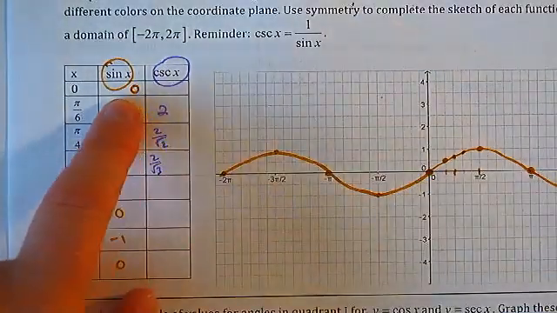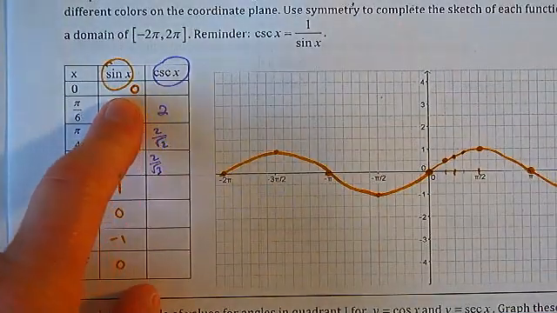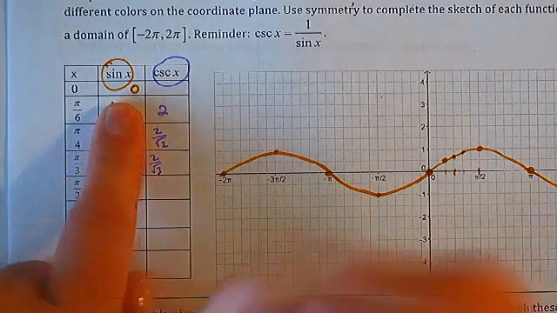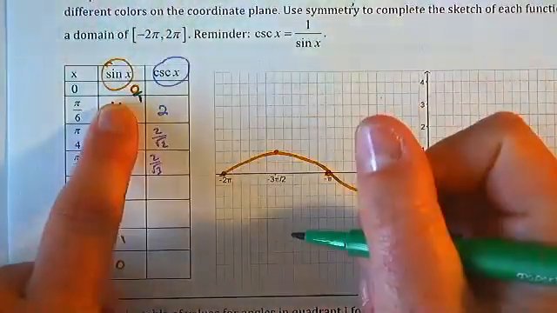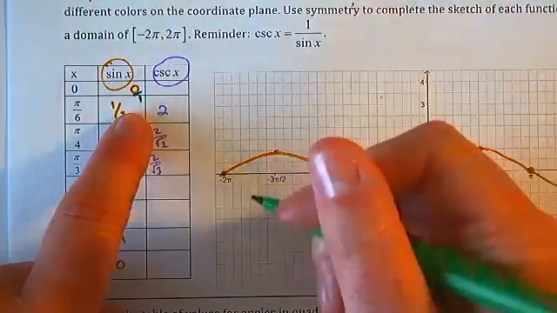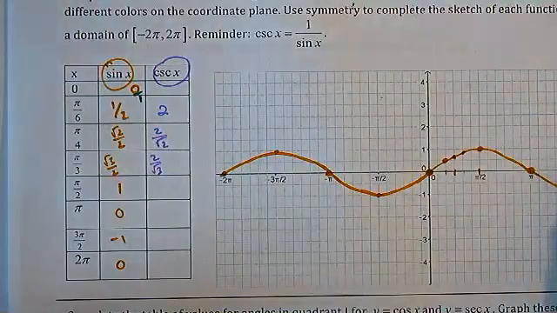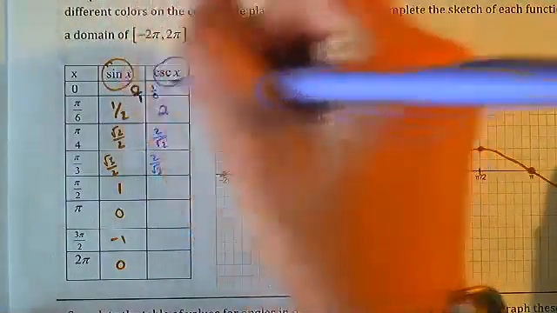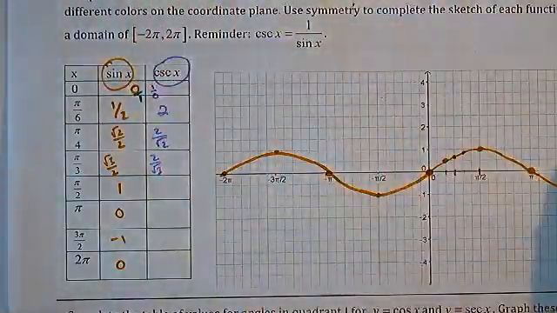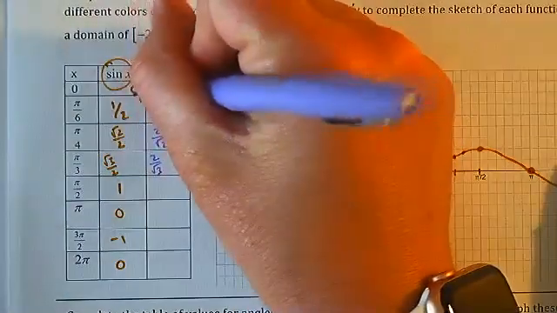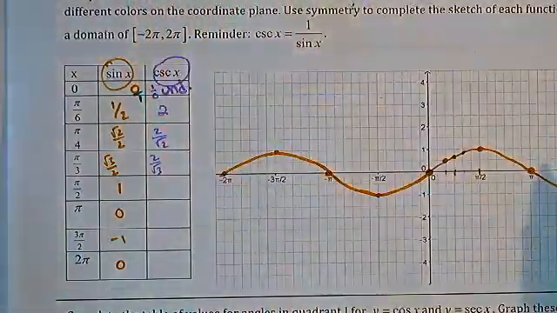How do you make any whole number into a fraction? You put it over 1, right? 0 divided by 1 is just 0. If I take the reciprocal of that, I get 1 over 0. And what does 1 over 0 equal? Undefined, right? I can't calculate that.